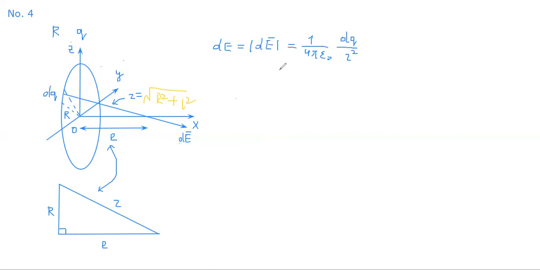So the field of the whole ring will be the sum of fields produced by all charges dq.